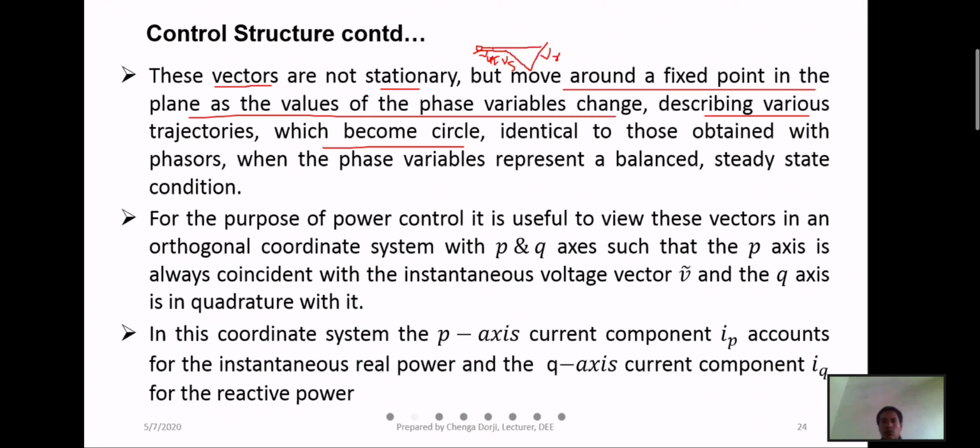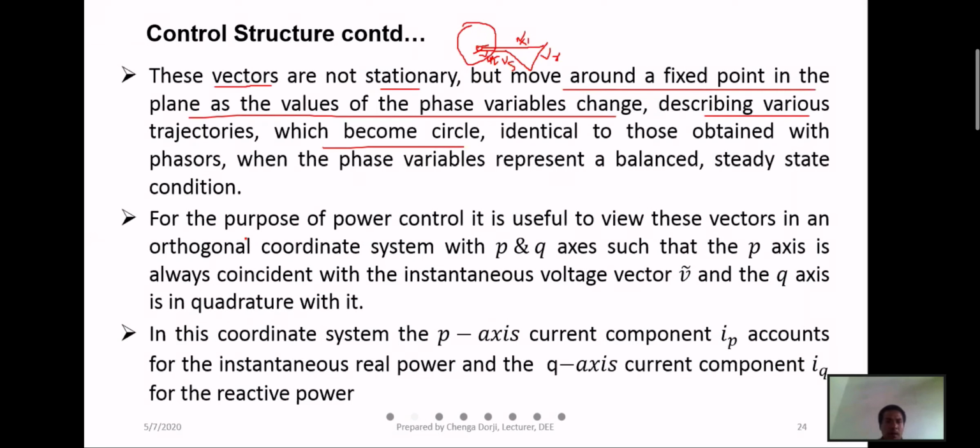Then this will be V1x, the voltage across the inductor. With V1PQ as the radius and the center here, we get this circle, which is what the phasor traces. These were identical to those obtained with phasors when the phasor represents a balanced steady state condition.